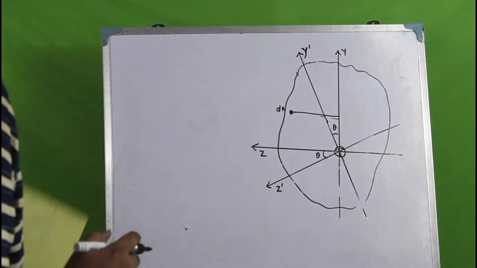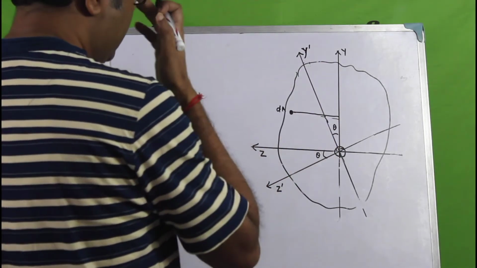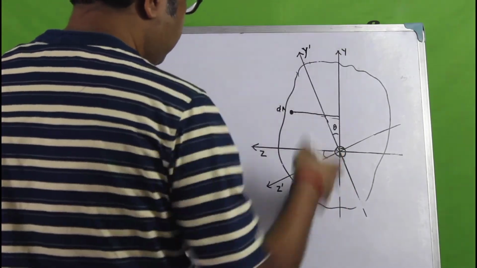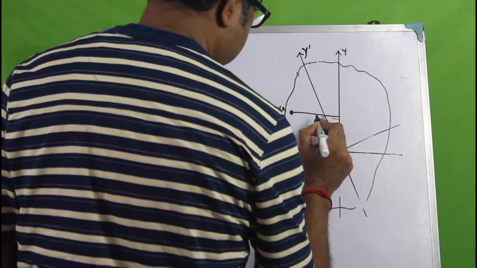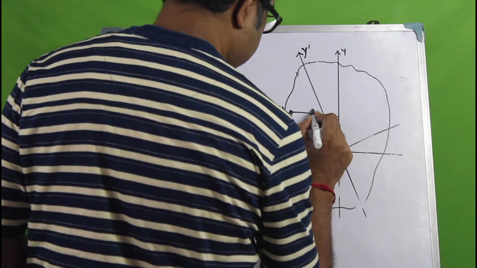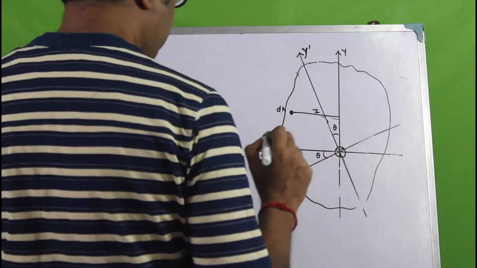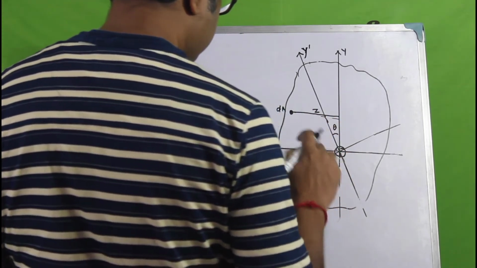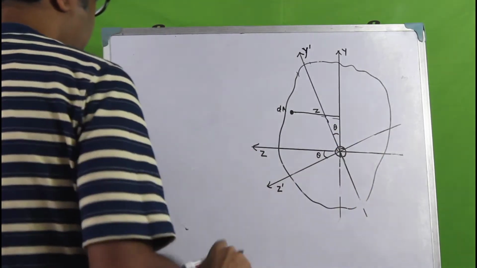This is the distance of the infinitesimal area dA from the vertical centroidal axis, and this is given by distance z, because it is measured parallel to the z-axis.